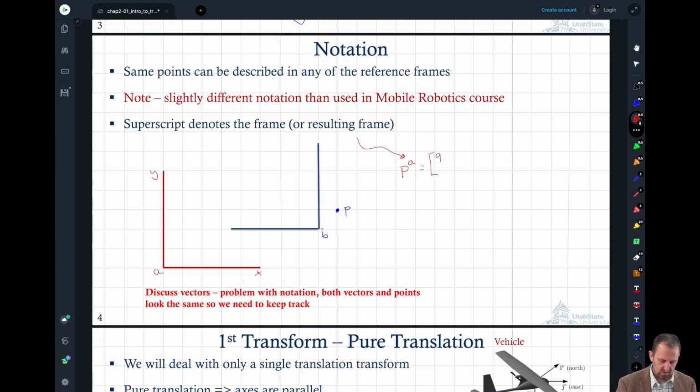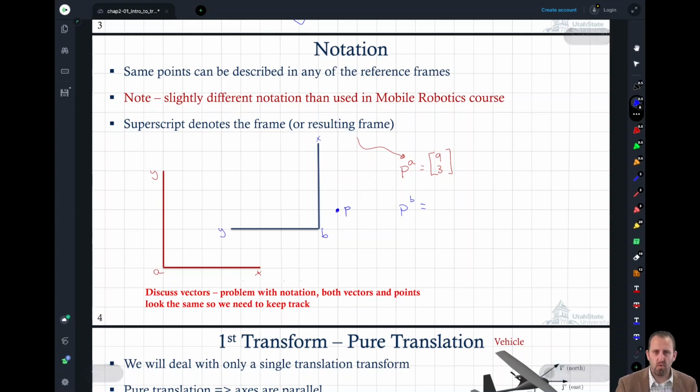And then we'll do 1, 2, 3. So it's 3 in the y direction. Okay, so we have our point in that frame. We can also define our point in our B frame. So in this case, say this is our x and this is our y.